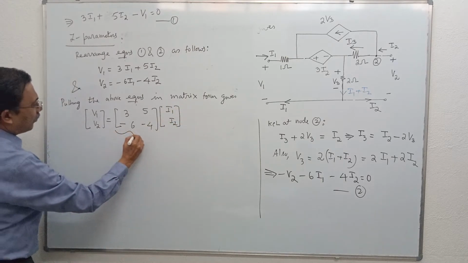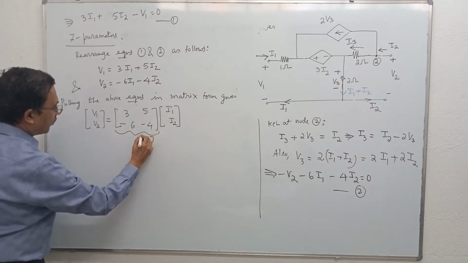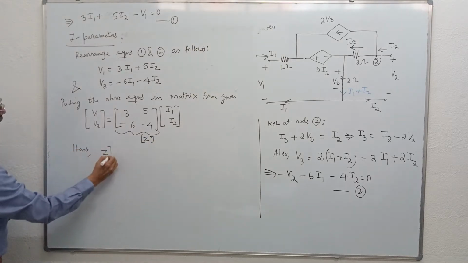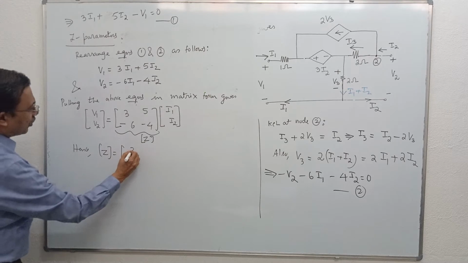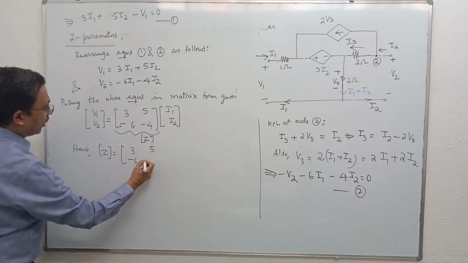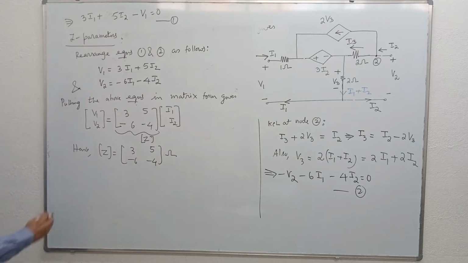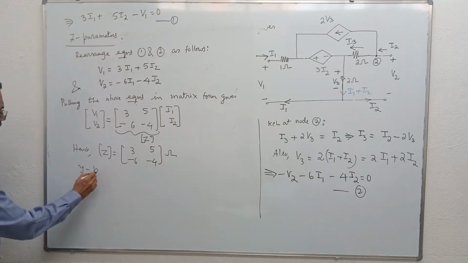This matrix has to be the Z matrix. Hence matrix Z is equal to 3 5 minus 6 minus 4. Unit of the matrix is ohms. Next, to find Y parameters.